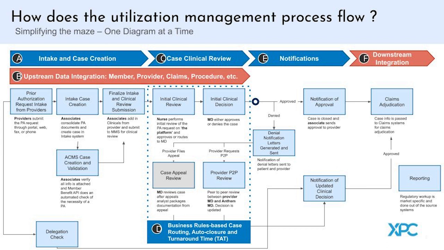Let's say the case is denied, and JD posted this really fantastic graphic. But providers are pesky. I call them pesky providers. Someone says, "I don't accept this denial. I need a P2P."